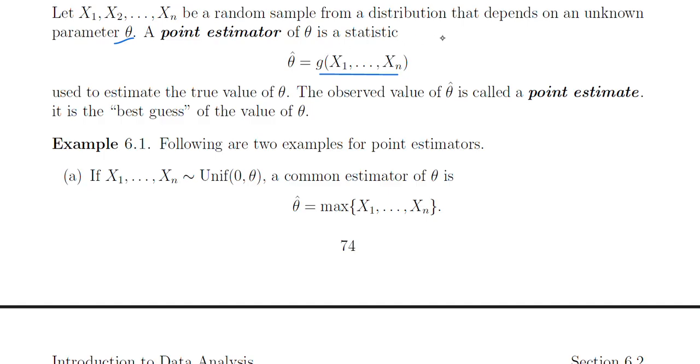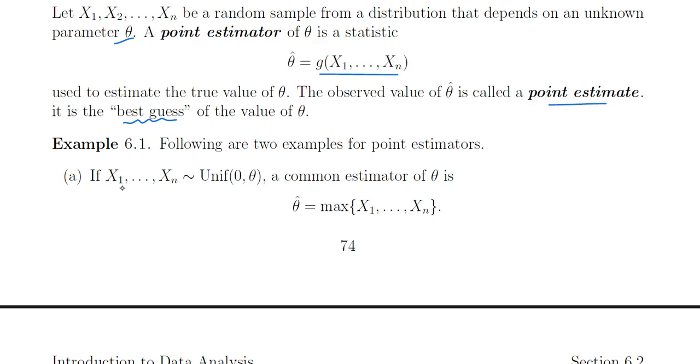This function depends on what parameter we are estimating. We'll come up with some examples. This observed value theta hat is called a point estimate, and it is the best guess of the value theta. Okay, let's look at some examples.